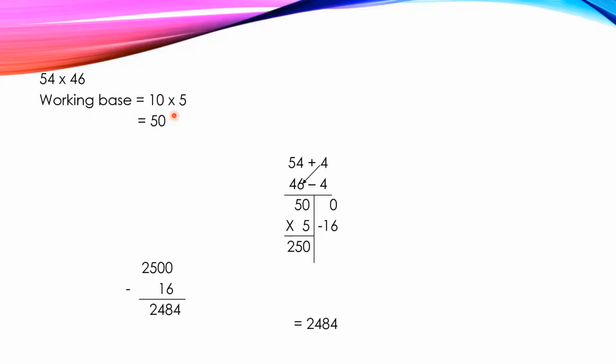Now as in working base, we have written 10 multiplied by 5 is equal to 50, which means we will multiply 50 by 5, which will give us answer as 250. So 250 and 0 forms 2500, and now as we were having minus 16, we will subtract 16 from 2500. So our answer will be 2484.